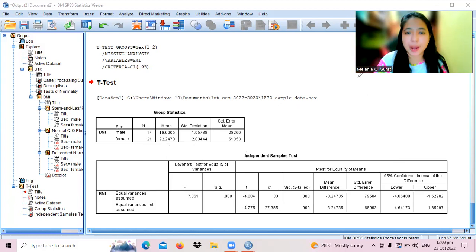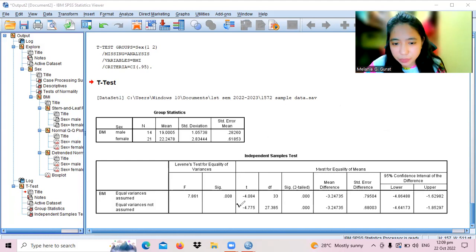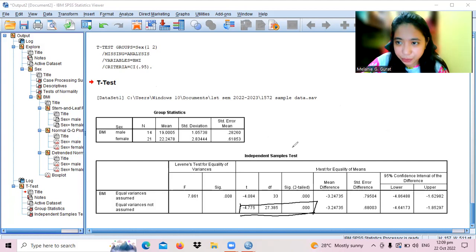So let's go back here. Now that we know that this is the result, we are sure that this is the p-value that we have to report, and we have to go back again.